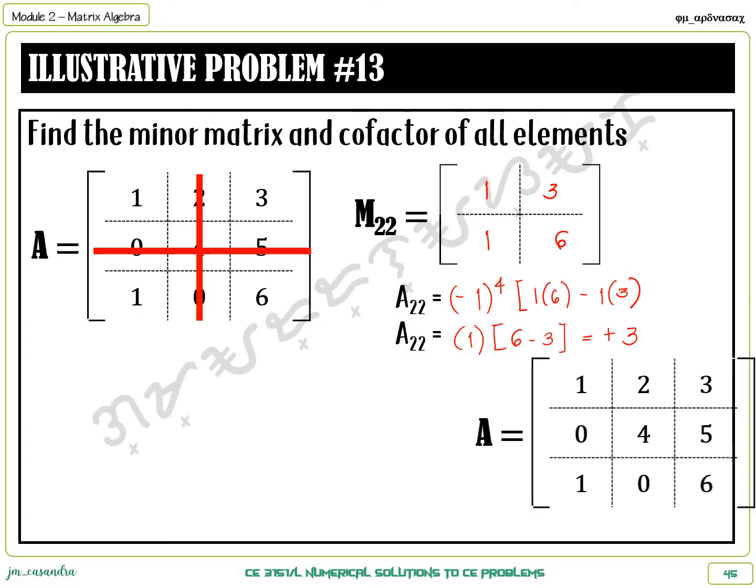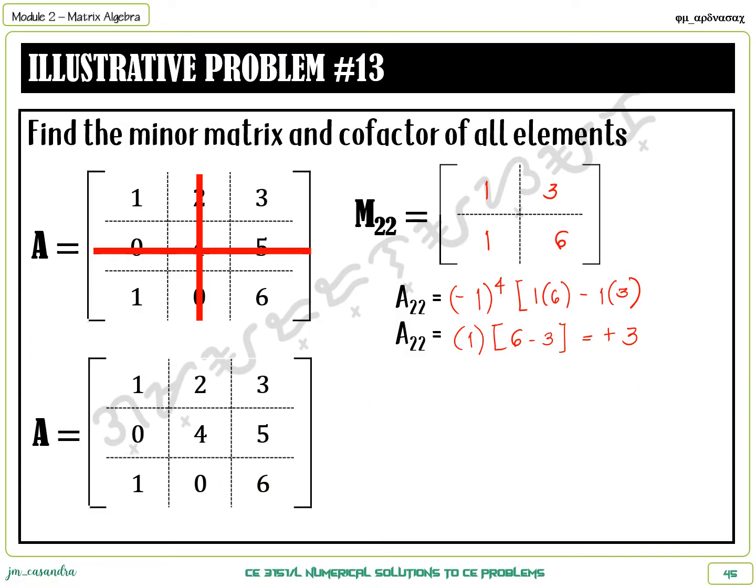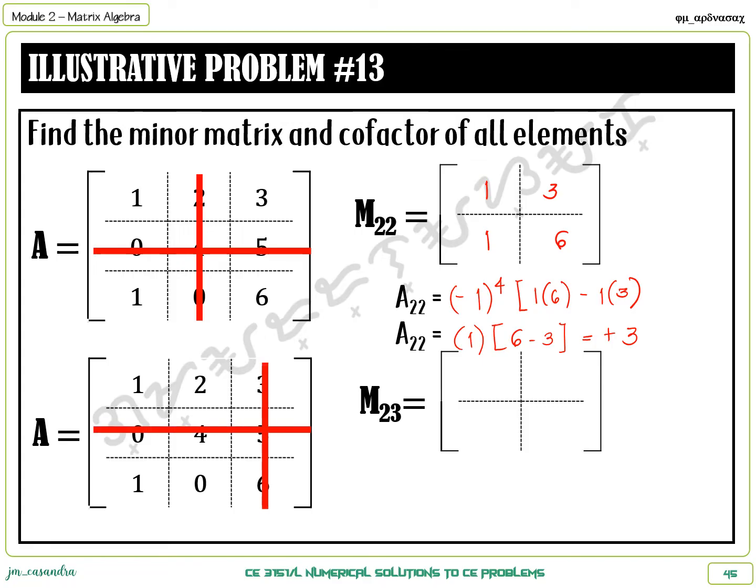So for our next element, element 2, 3, the minor matrix will be equivalent to 1, 2, 1, 0.